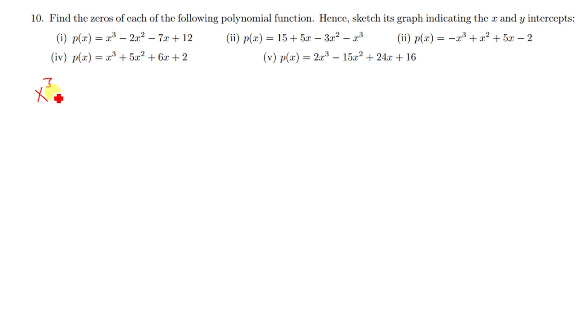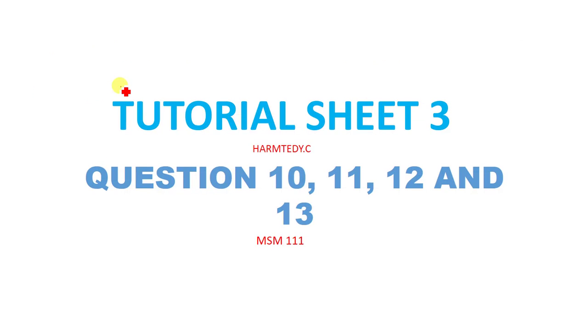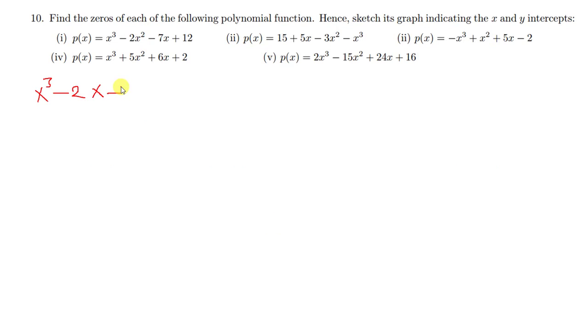We're going to have x to the power 3 minus 2x squared, minus 7x, plus 12.